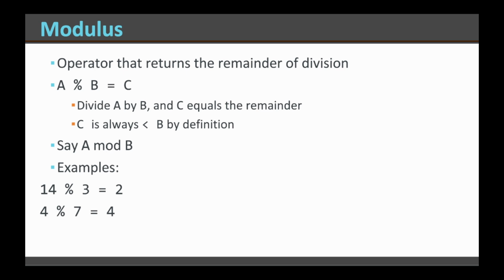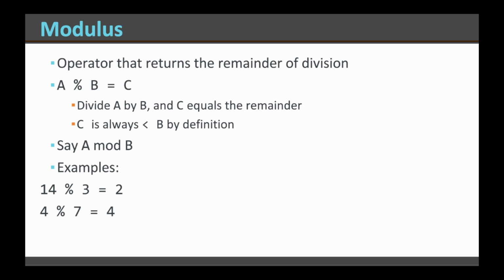And you sort of read it as A mod B. That's how you'd say it out loud. So basically, it gives you a remainder. You divide A by B, and the result is the remainder. So 14 mod 3 is 2. 4 mod 7 is 4.